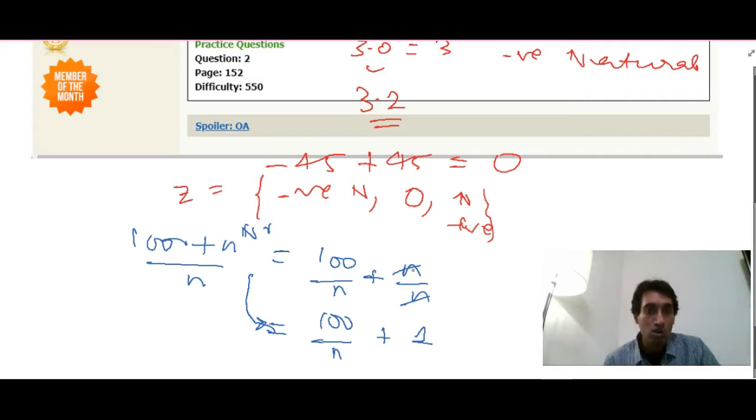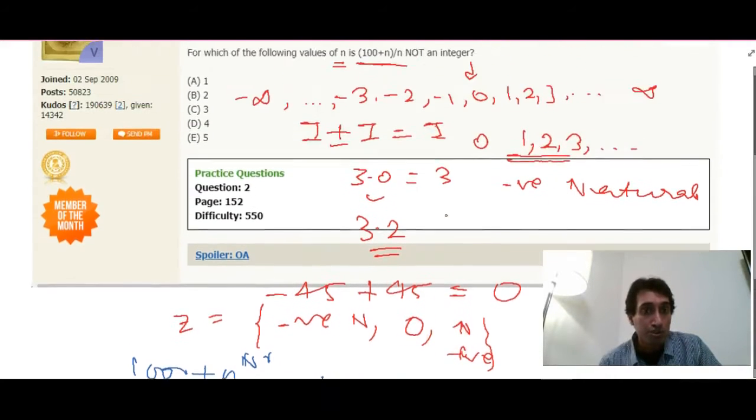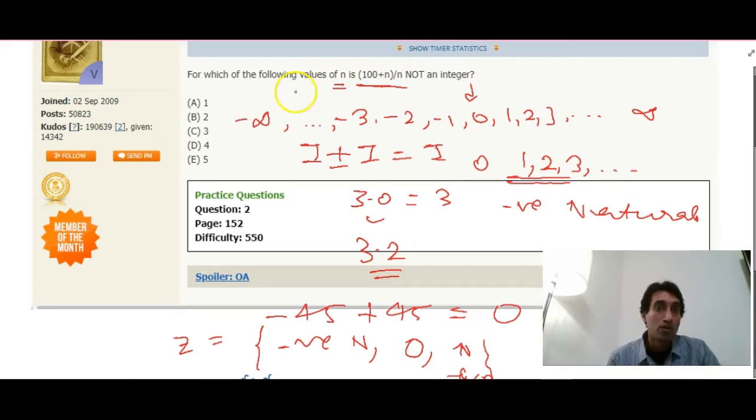Now next, what was the question? The question was, for which of the following values of n is this value not an integer? So the first method is that we can substitute every number into that equation and check what the resultant value is, whether the final value is an integer or not.